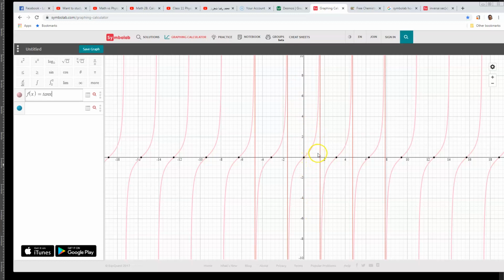And of course, the tangent function can be restricted to any interval, for example, from negative 3 pi by 2 to negative pi by 2, where negative 3 pi by 2 would be here, negative pi by 2 would be here, or negative pi by 2 to pi by 2, or pi by 2 to 3 pi by 2, and so on and so forth.